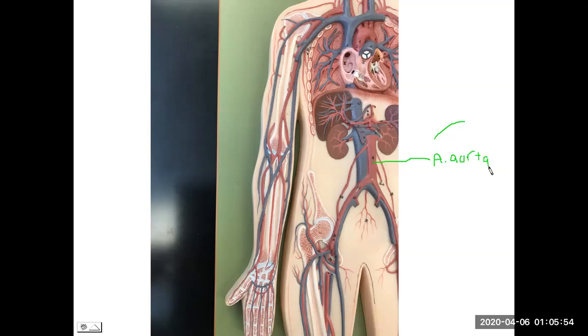And now we have a number of branches that are coming off of it. And the next several arteries in the list going down the page are in order from superior to inferior. So that most superior branch that we see here, it branches off of the abdominal aorta, and then in turn it has multiple branches itself. So we'll point right to the middle there, and that's the celiac trunk.